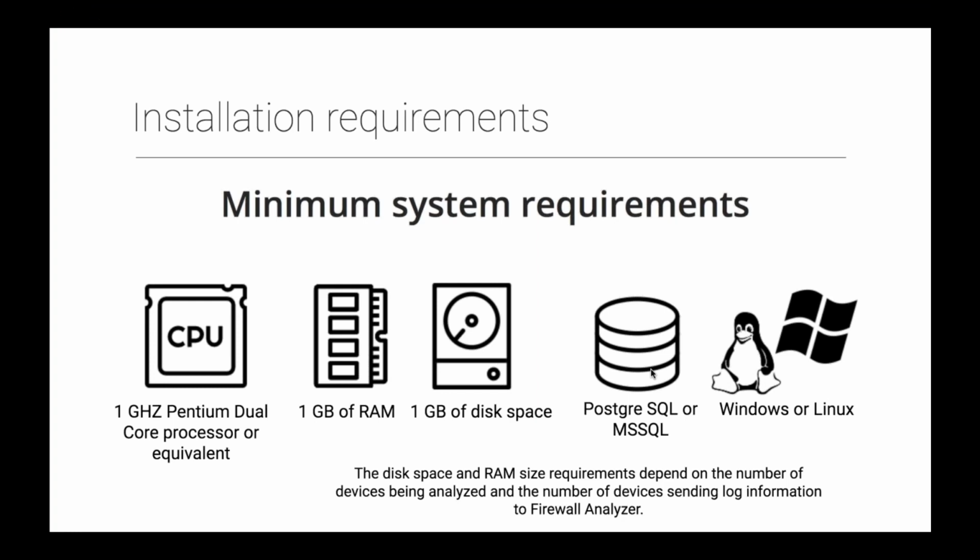The disk space and RAM size mentioned here are the minimum requirement. The same might vary depending on the number of devices being analyzed and the number of devices sending log information to Firewall Analyzer. With this basic requirement fulfilled, you can install Firewall Analyzer in your system.